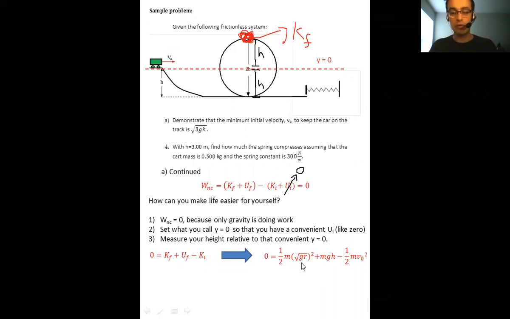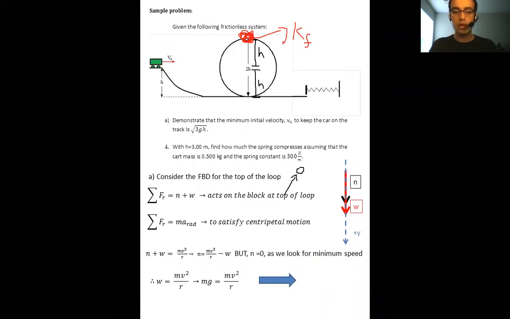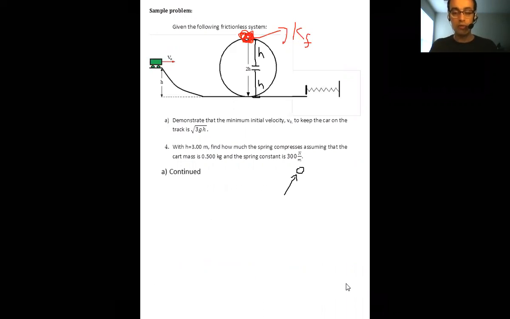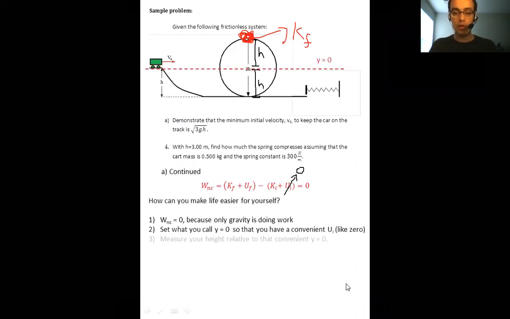I suggest that you back up. Back in the previous slide, we'd shown that v minimum to keep this thing inside of the loop is equal to the square root of gr. So we make that substitution for what v is at this K final position.